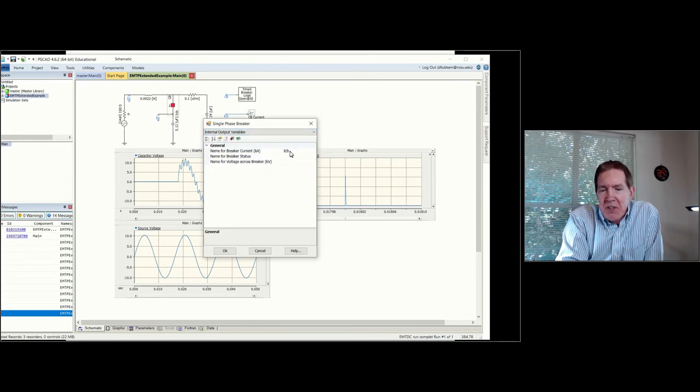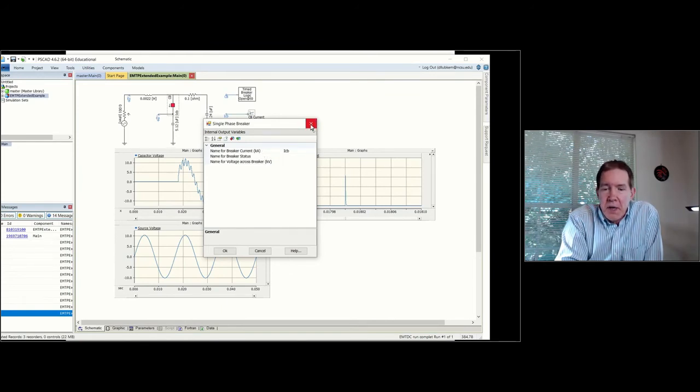I basically give this breaker current a name, ICB, and then basically what I can do now is plot this. And so for the elements, you usually have the ability of going to internal output variables, giving a name to one of these currents or breaker status or voltage, whatever, and then using that as well for a plot. Note in this case that this is giving me kiloamperes.